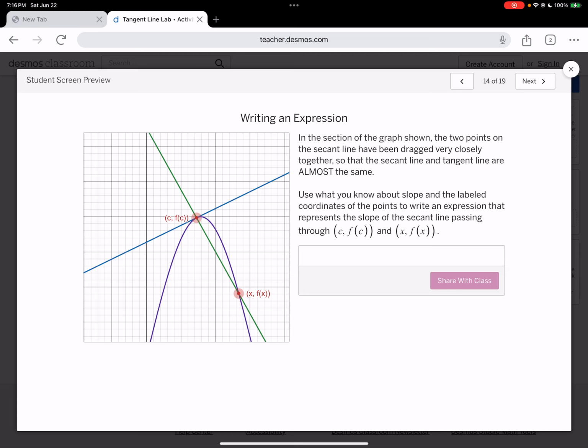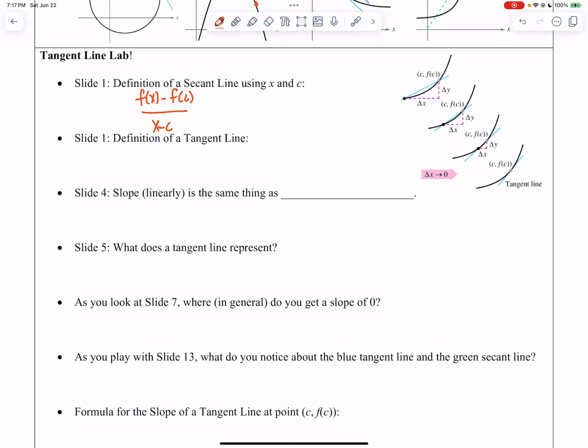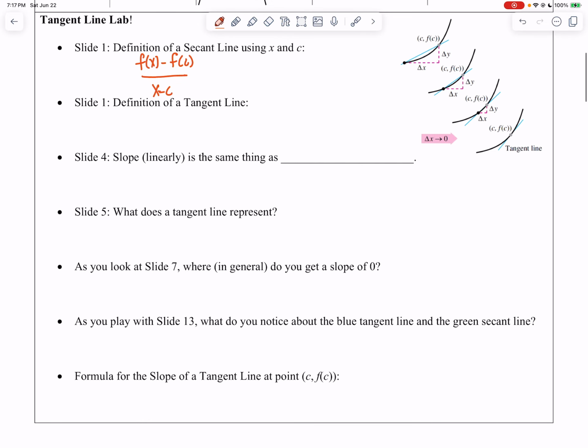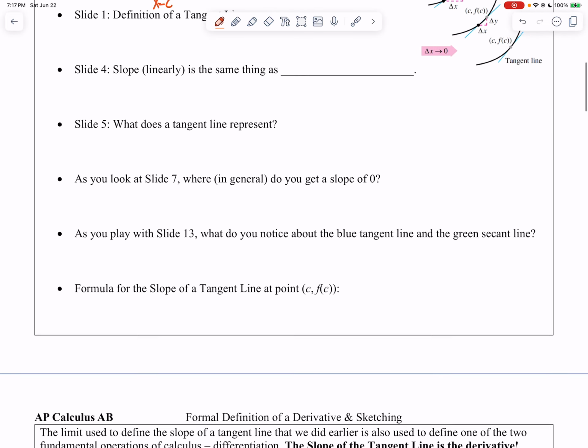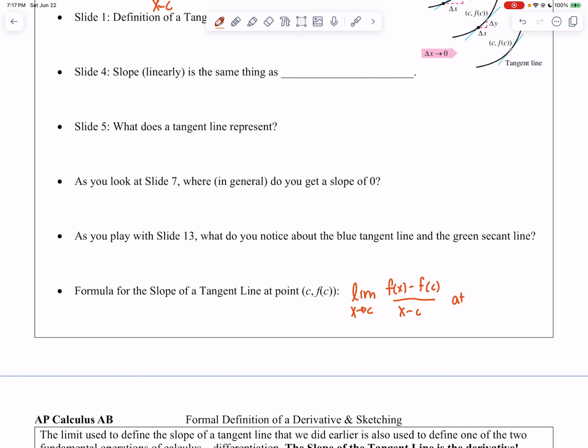Now, my tangent line here, as I get closer and closer, what I can do is write the tangent line in terms of the secant line by taking the limit. So here, as x approaches c of my secant line, this right here will eventually become my tangent line at point c, f of c.